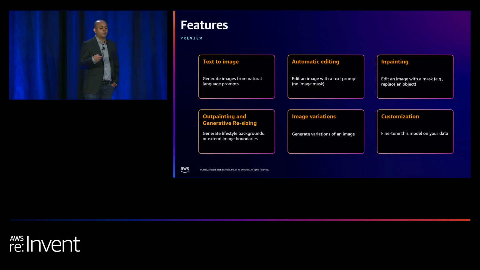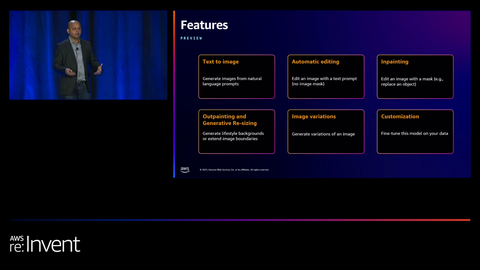The way to analyze how good a model is, is not just the output, but also how easily you can generate those images, right? You should not have to craft very lengthy or very detailed prompts. So our idea here is simplicity. You can have simple prompts to generate compelling images.